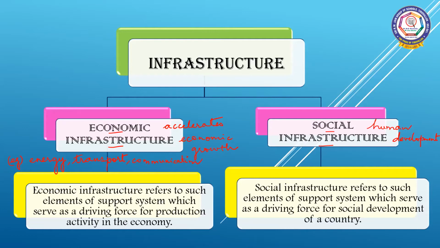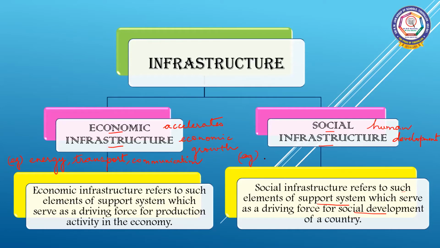But it is not possible without social infrastructure. Social infrastructure refers to such elements of support system which serve as a driving force for social development of a country. It means for human development, for the human capital formation.